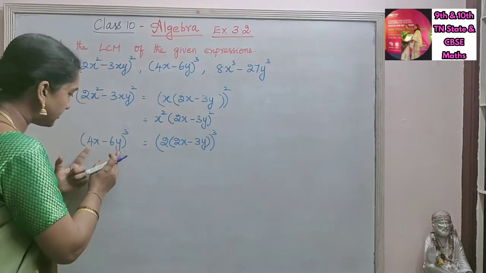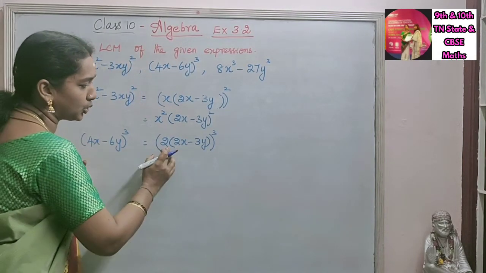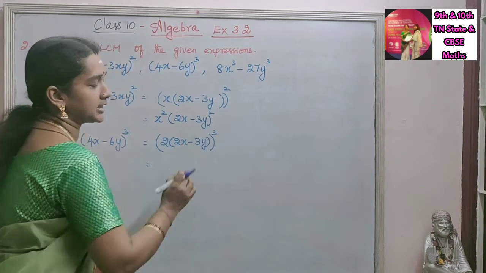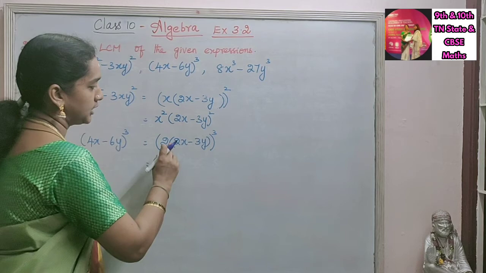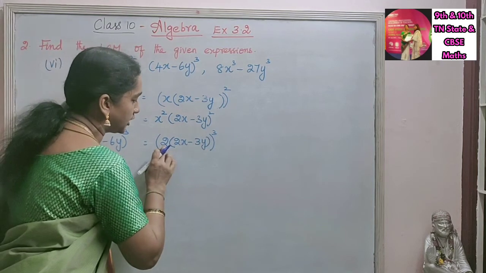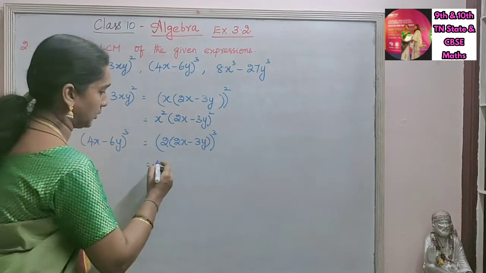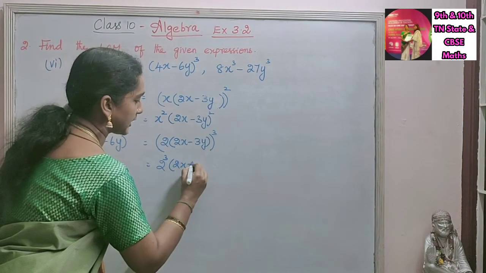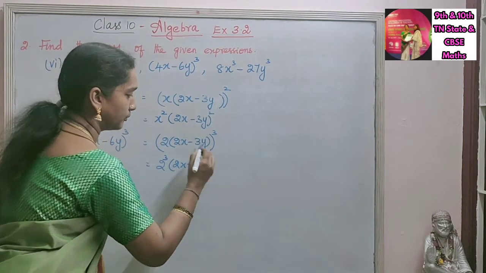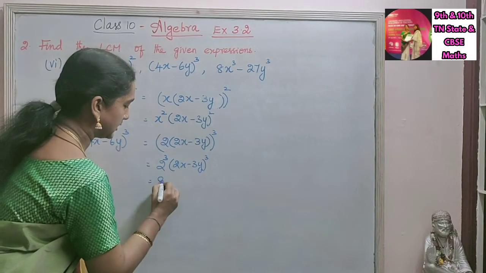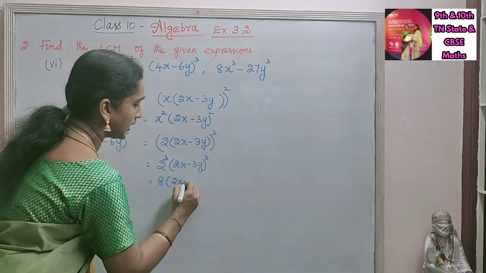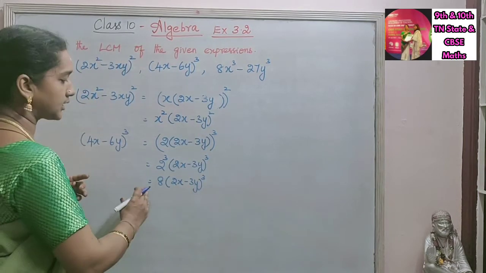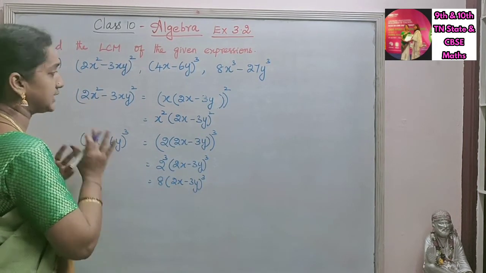So from these two terms I am taking 2 common, so 2 cube into 2x minus 3y the whole cube. So 2 cube is 8, 8 into 2x minus 3y the whole cube. So these are the factors for the second one.